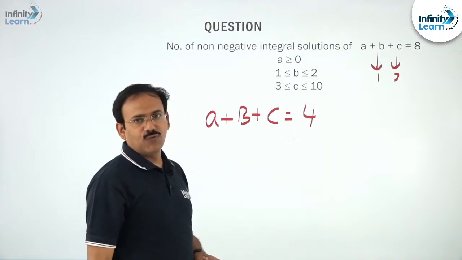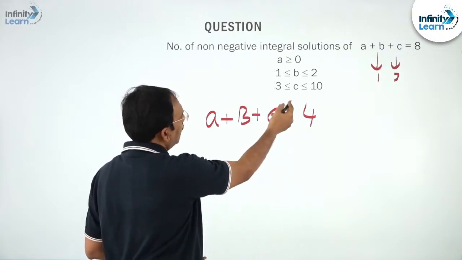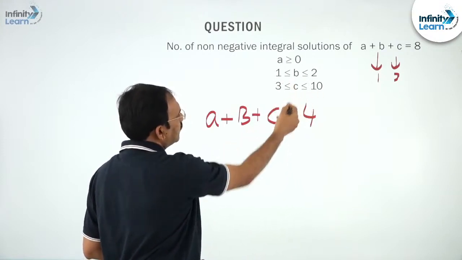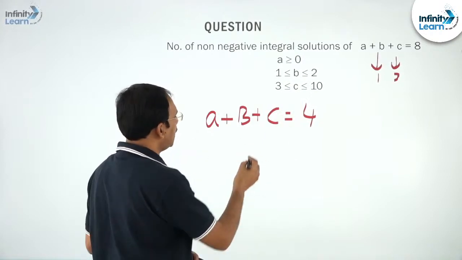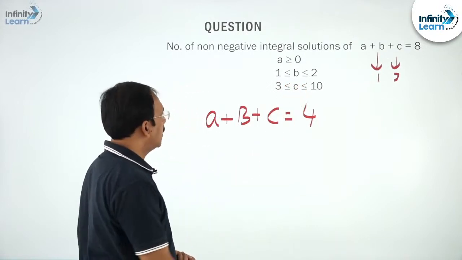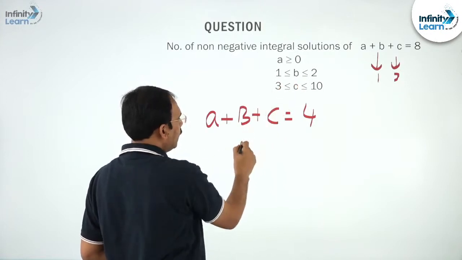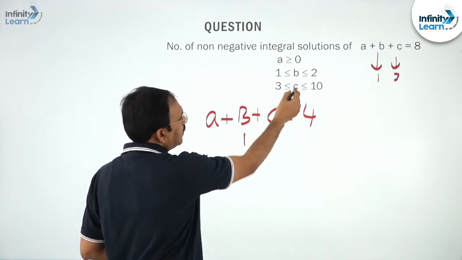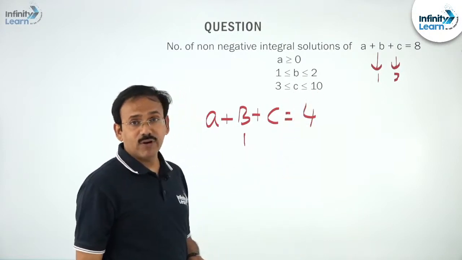Whereas for the rest of the balls, b already has minimum 1, c has 3, 4 are done, but b's upper limit, I have given b minus 1, you can change it, so already 1 is there, and here also the upper limit, you see already 3 are given, so 7 more can be kept.